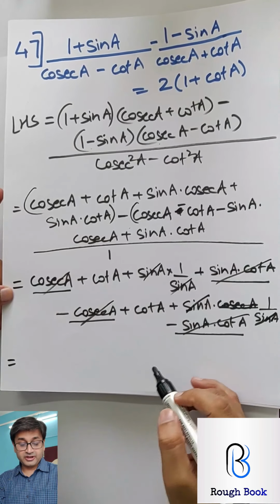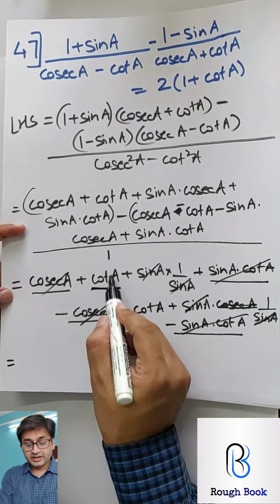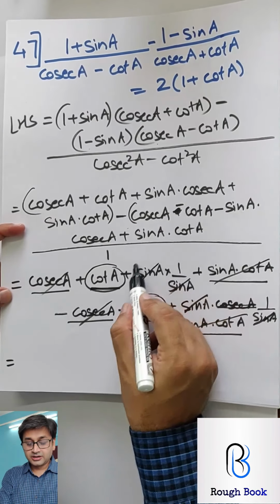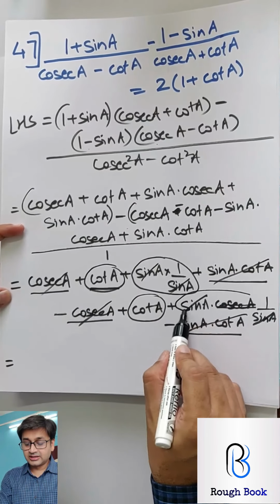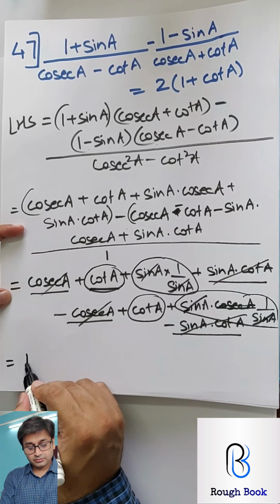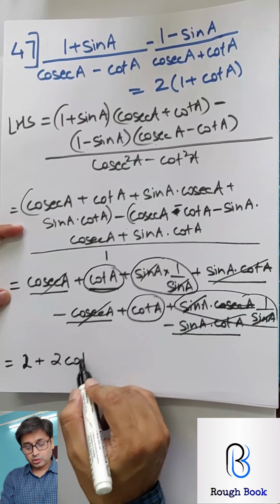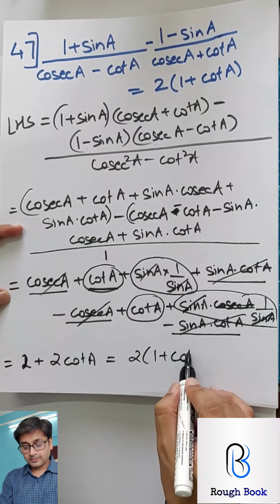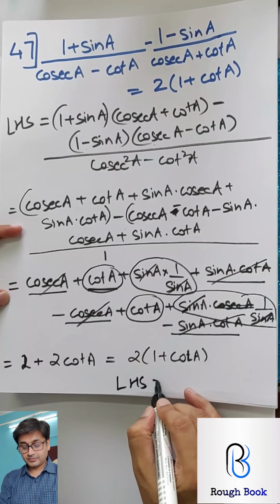Now be very careful because this has become a big cluster over here. Cot A is left and cot A is left. Here nothing is left, so this will be called 1, and here also nothing is left, so this will be called 1. So 1 plus 1 will become 2, and cot A will become 2 cot A. I can pull 2 common, 1 plus cot A. Is that what we wanted?